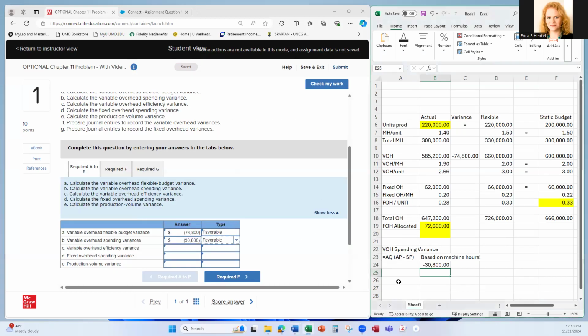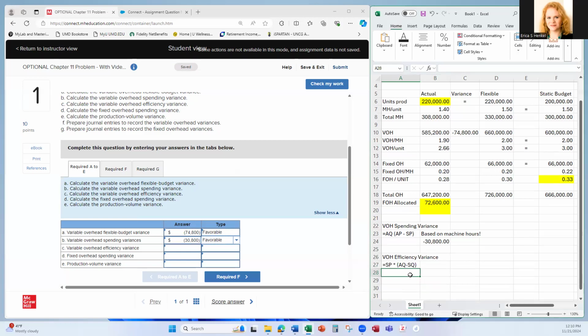So variable overhead efficiency variance equals the standard price times the actual quantity minus the standard quantity. So how much of that variance is due to differences in quantity that were used?